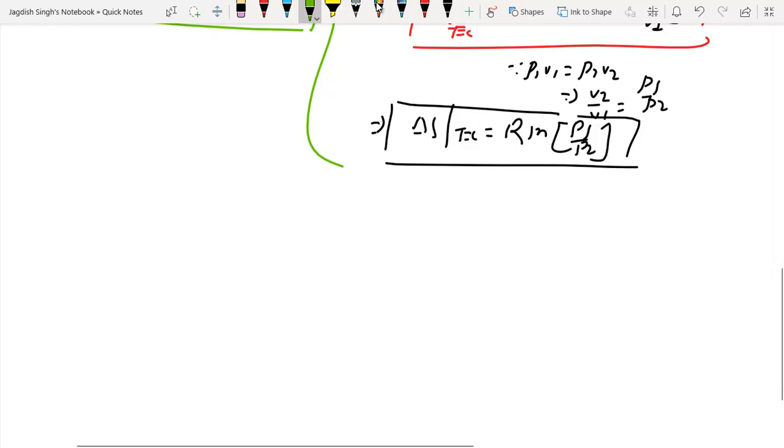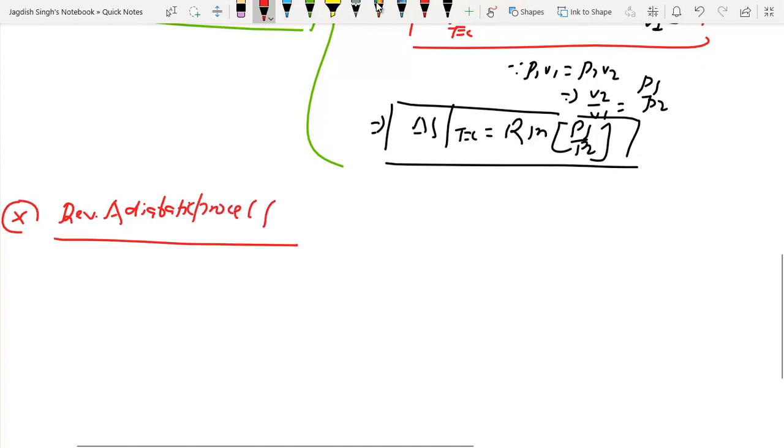Well, okay. Now the next process is the entropy calculation for a reversible adiabatic process. In this process we know that there is no heat exchange.